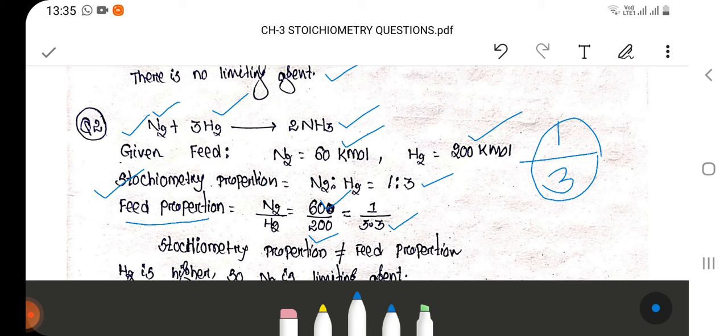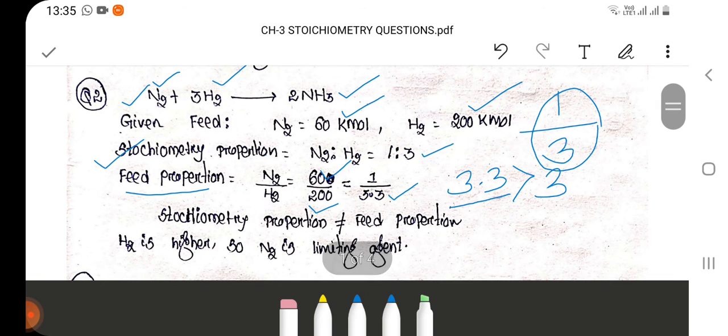We find that the hydrogen present in the feed mixture is higher than the stoichiometric proportion, which means 3.3 is higher than 3. That's why hydrogen is higher in feed. So hydrogen is the excess agent and nitrogen is the limiting agent.